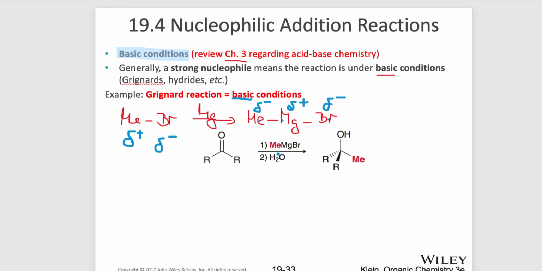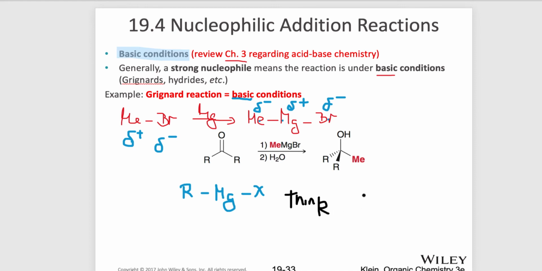So we can think of a Grignard reagent as follows. When we have an R, Mg, and then we can use another placeholder, X, we can think of this as a source of a very unusual nucleophile.